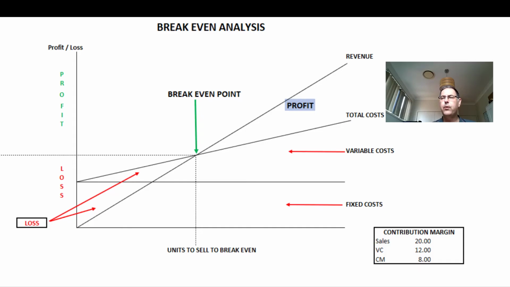It makes us understand how many of these need to happen for the business to break even. So this is a break-even analysis.